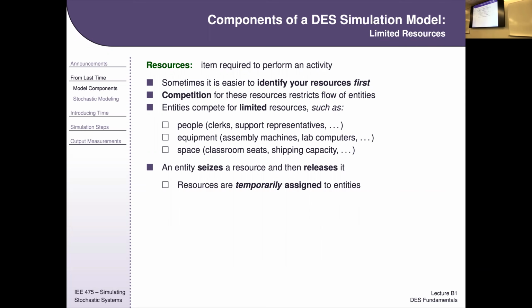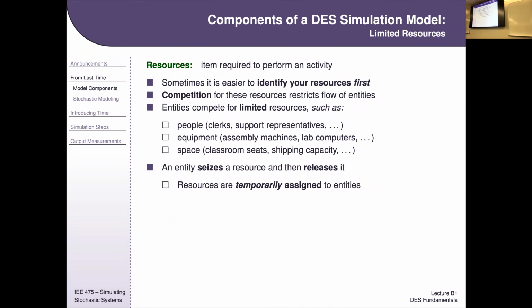Absolutely, yes. This is a simple model where you get one entity for one resource, but you definitely can have capacities of resources, for example, and you can say that this resource can handle up to 2 entities before it starts blocking others. There are all sorts of interesting things we can do with resources.